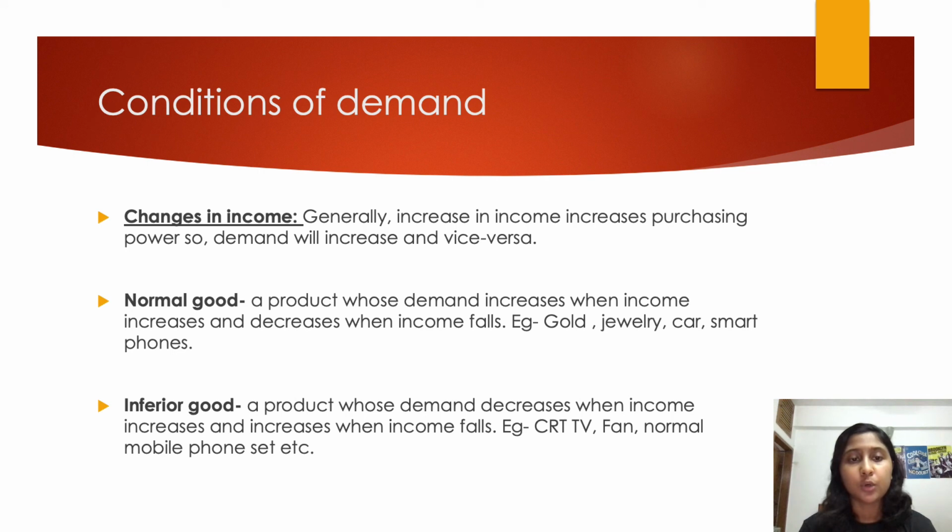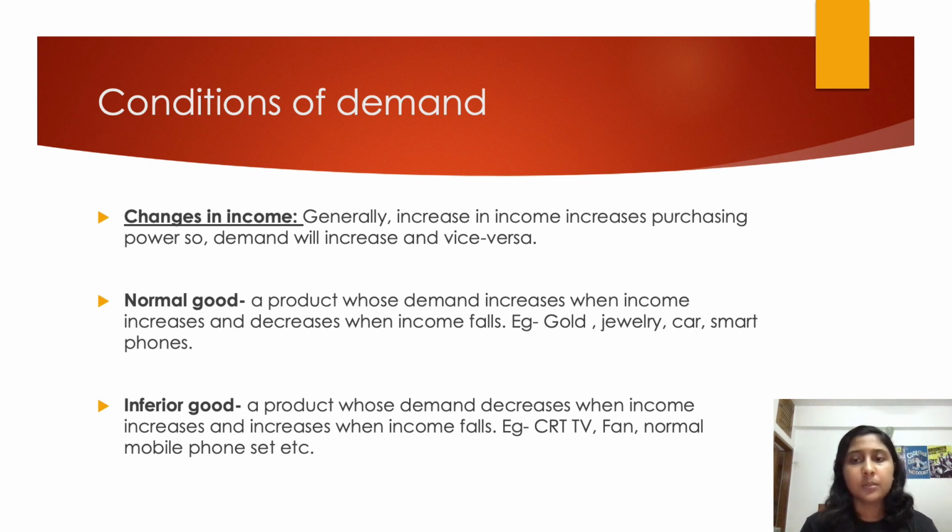A product whose demand increases when our income increases and decreases when our income falls. Examples: gold, jewelry, cars, smartphones, etc. Now what is an inferior good? An inferior good is a product whose demand decreases when our income increases and increases when our income falls. Examples: CRT TV, fan, normal mobile phone set, etc.